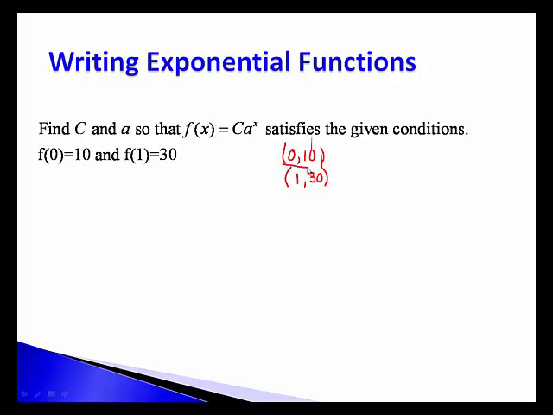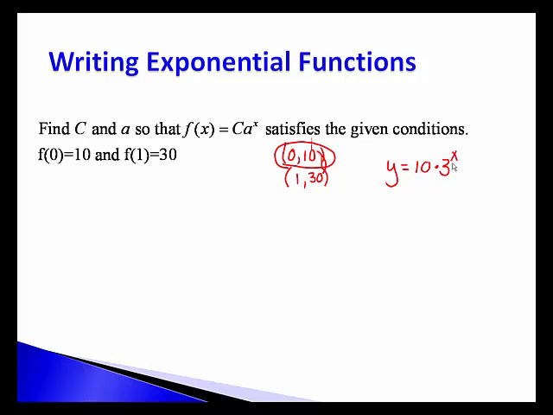We know that this is your y-intercept, so I already know that this is y is equal to 10 times, well, what factor does it increase by? To go from 0 to 1, I go from 10 to 30. What is the factor right there? Well, it's 3 to the x power.